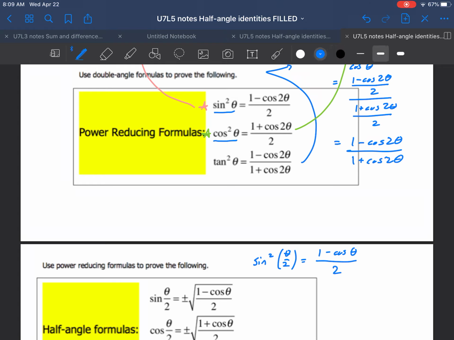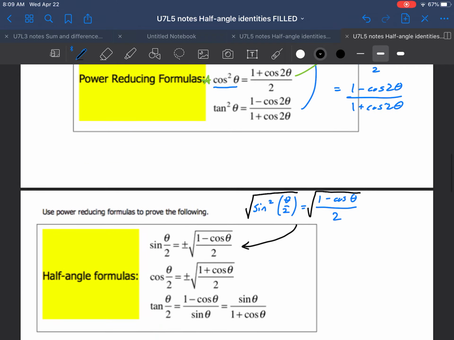And then to isolate this, you just take the square root, right? Why is that? If we just square root both sides, we get the plus or minus, and we derive that. Okay.